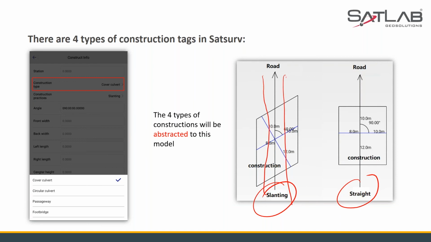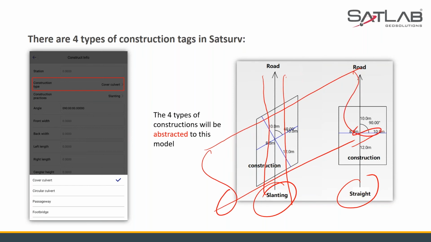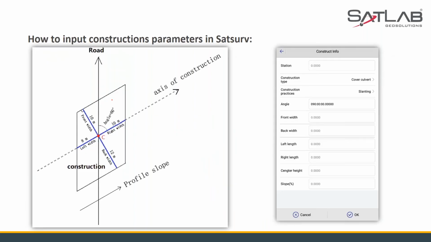So we have to select in our construction menu whether it's a slanting or a straight one. Here is how to input the construction parameters in Satsurv. We have to give the station at which this construction will come up, whether you have the pipe culvert or the box culvert.